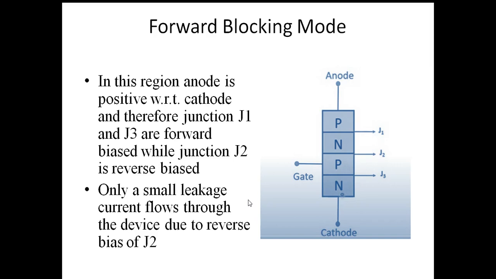When we connect in that manner, junctions J1 and J3 will be forward biased, and junction J2 will be reverse biased: in J2, the N layer is connected to the positive terminal and the P layer to the negative terminal. As junction J2 is reverse biased, even though the device is in forward bias, a very minimum current will flow through the device in forward blocking mode.